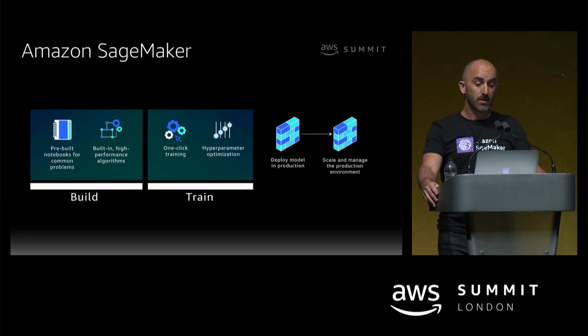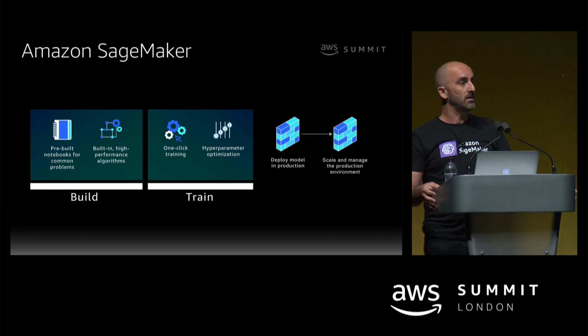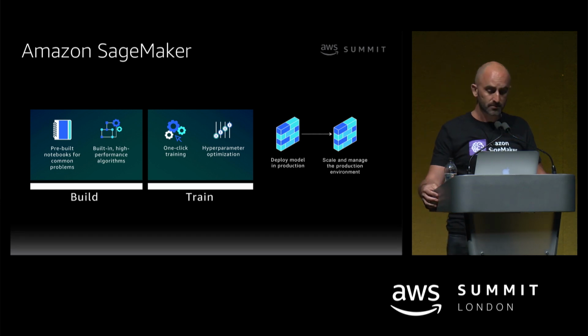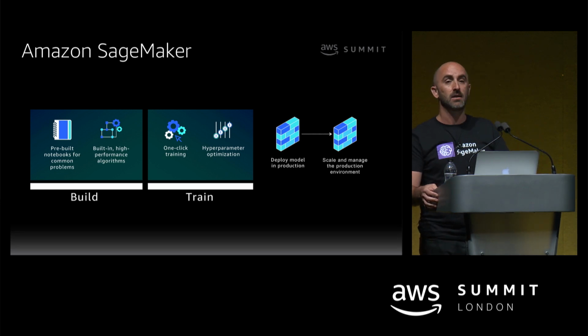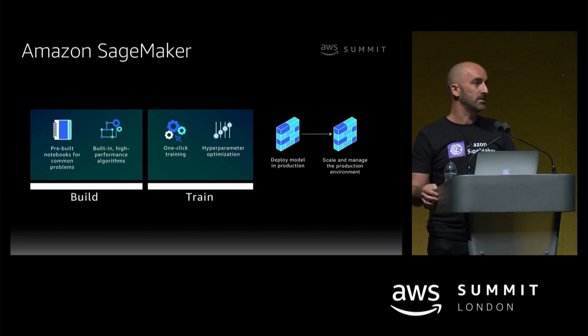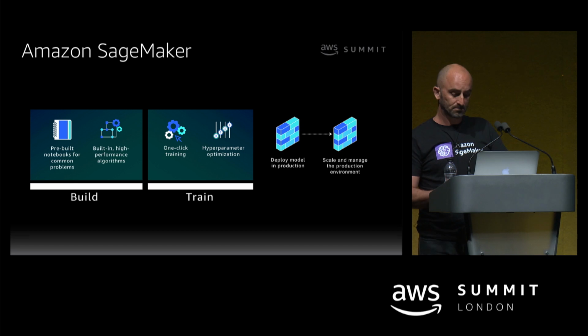Another feature is hyperparameter optimization. Often, when you're training your models, there are a lot of parameters to configure, and it's hard to figure out the right combination of those parameters. So there's a service to find the optimum parameters and increase the accuracy of your models.